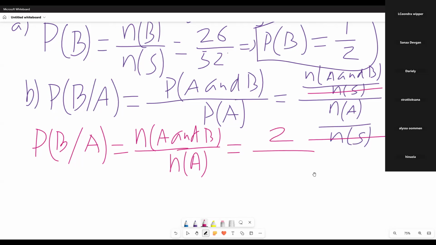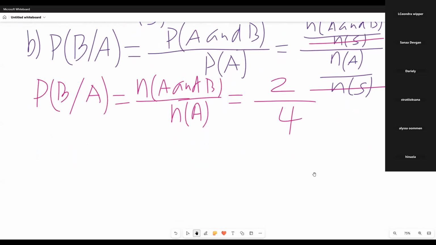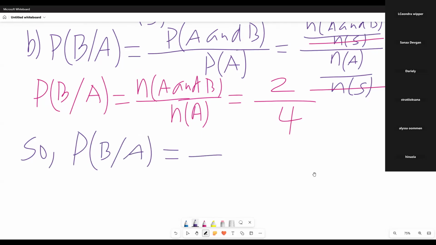N of A is 4. So P of B given A, simplifying here, that would be 1 over 2.